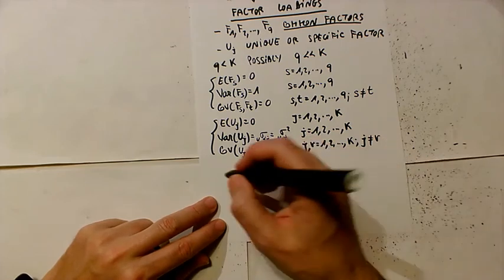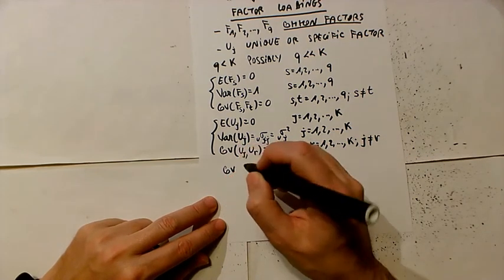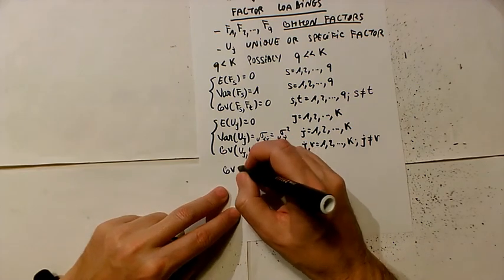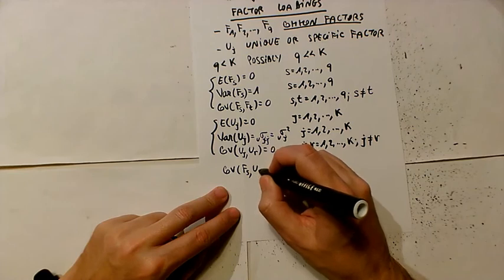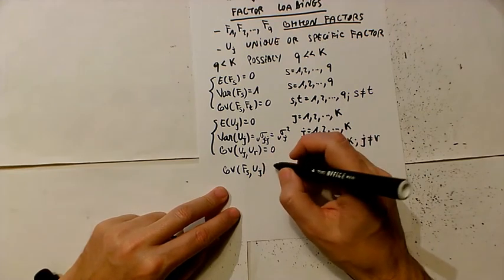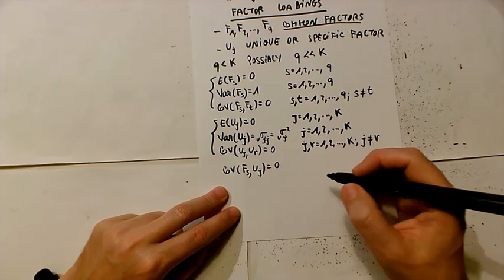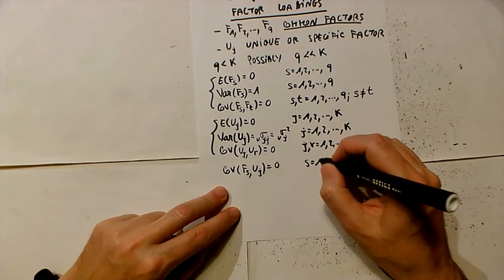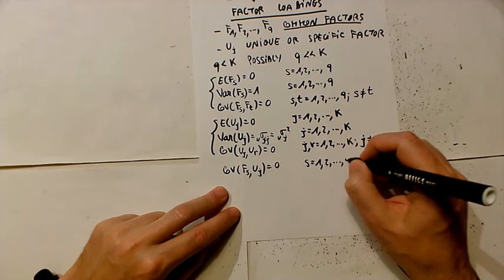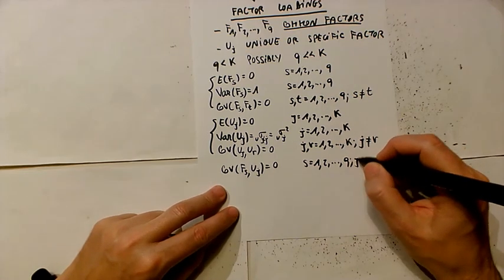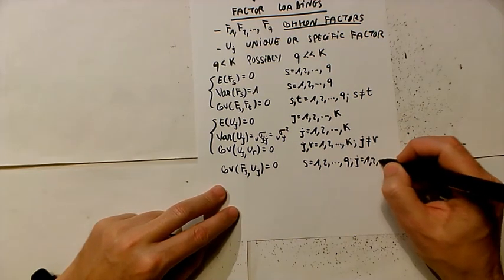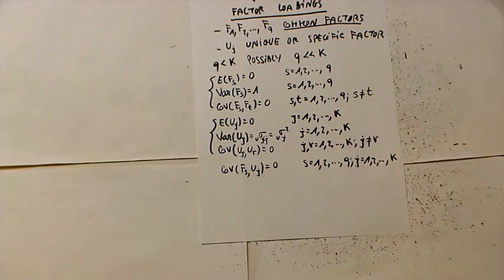Finally, the unique factors and common factors are uncorrelated. So the covariance between fs and uj is equal to 0 with s equal to 1, 2, up to q, and j equal to 1, 2, up to k.